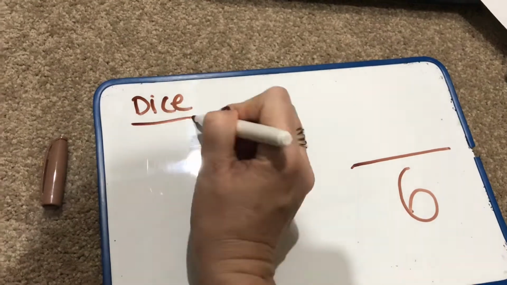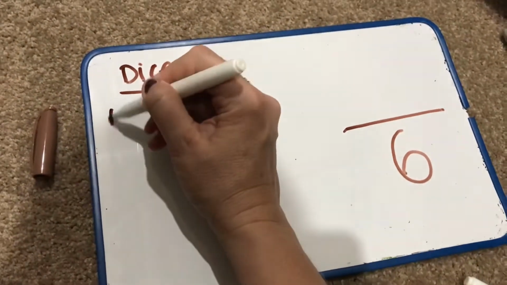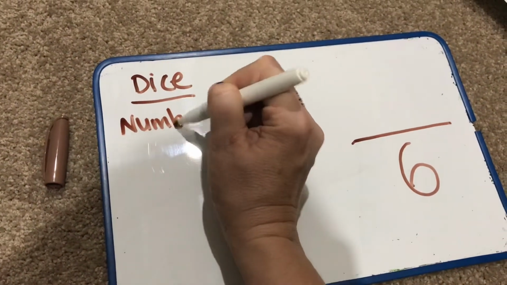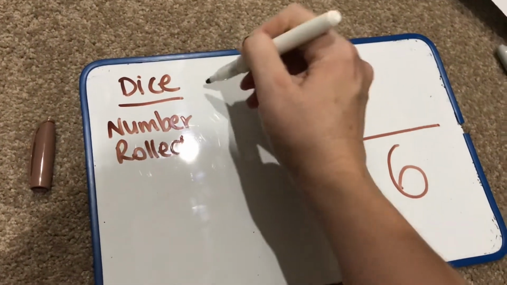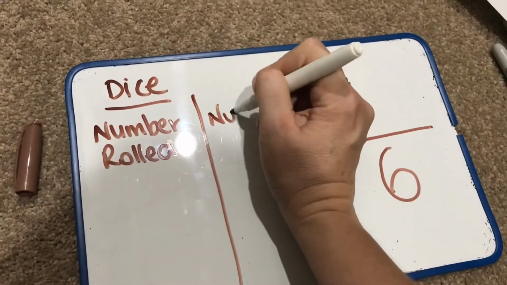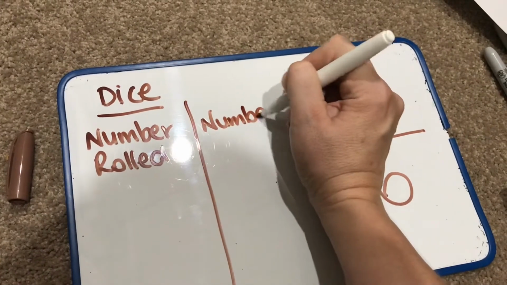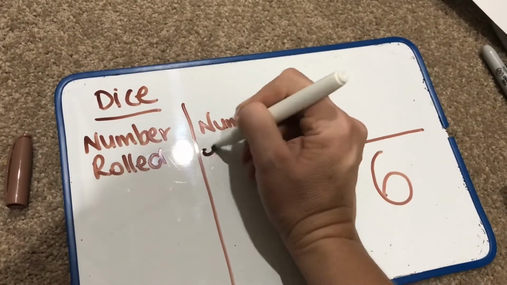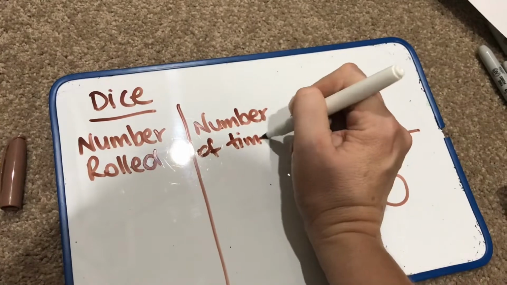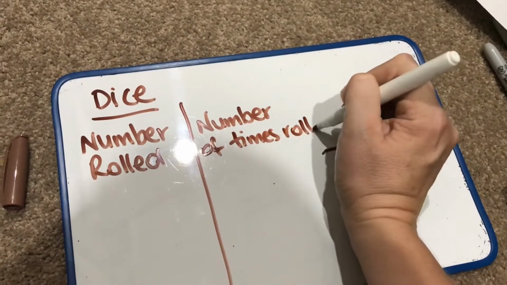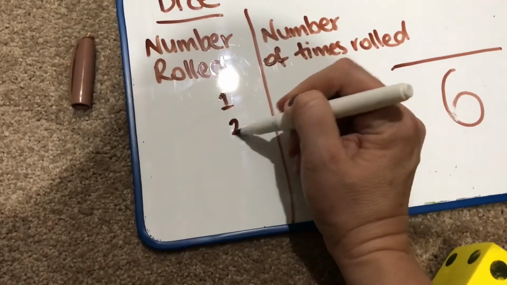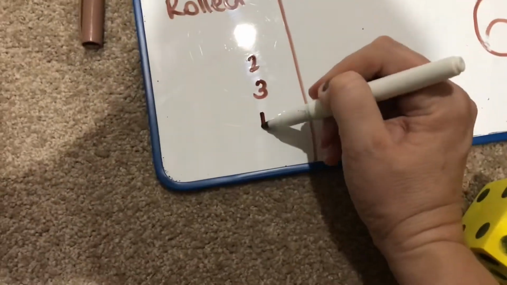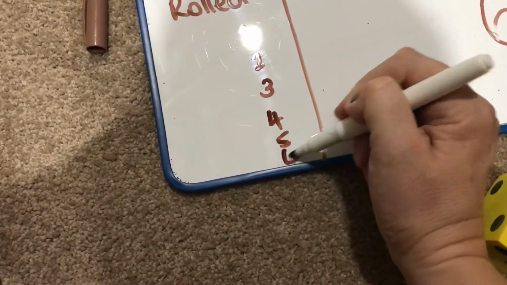I will record the dice rolled, the number rolled, and the number of times it's been rolled. So I have the number 1, 2, 3, 4, 5, 6.